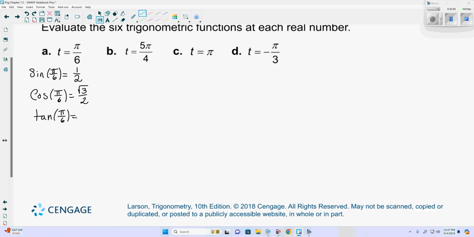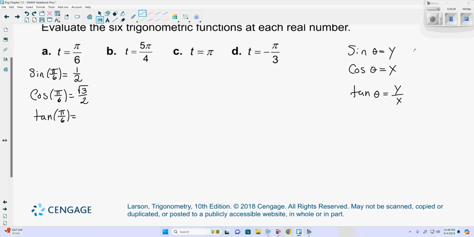So the sine of an angle is the y value on the unit circle. Cosine of an angle is the x. That's why we have that x-y ordered pair. Tangent of an angle is the y value over x, sine over cosine, the sine's value over cosine's value.